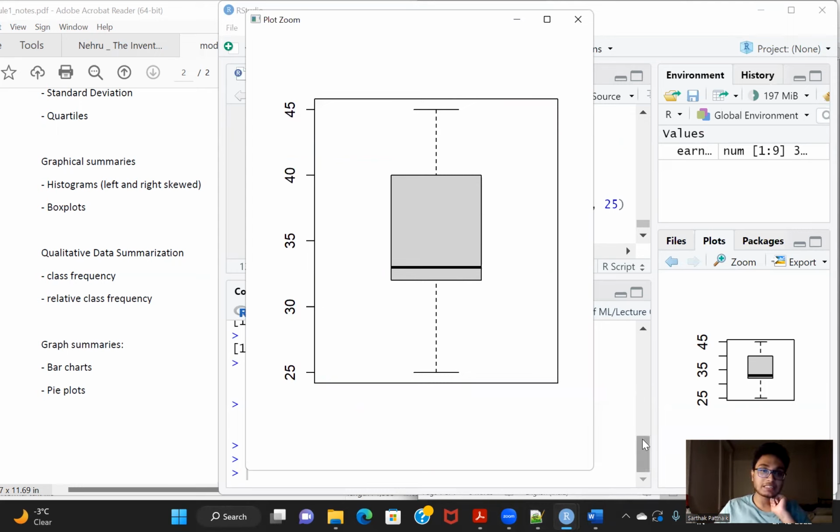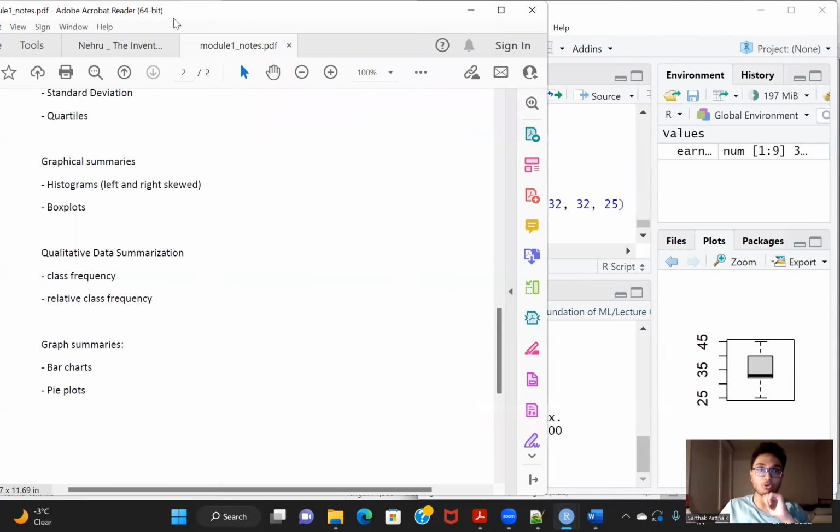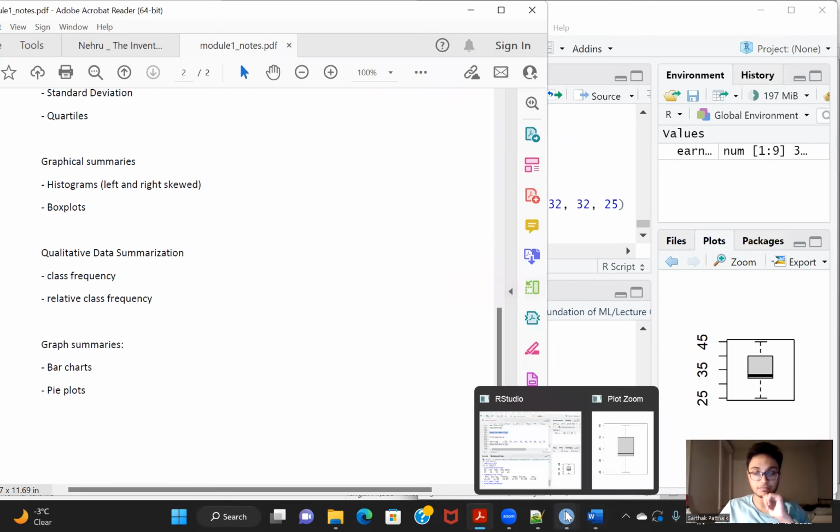And the 5-point summary is exactly what we studied: the 25th percentile, the 50th percentile, the 75th percentile, the minimum value and the maximum value. This is how the 5-point summary looks. But there is a subtle nuance in the box plot, which I'm coming to right now, because I need to also discuss the concept of outliers in a numerical data set.